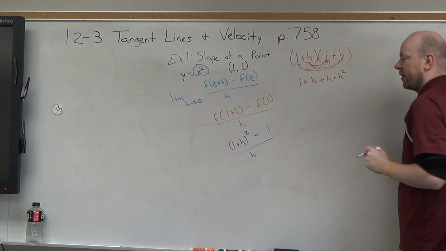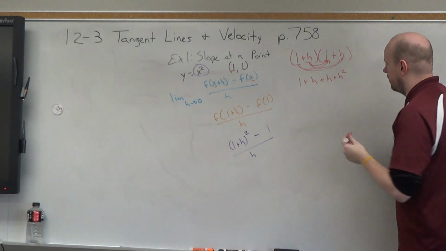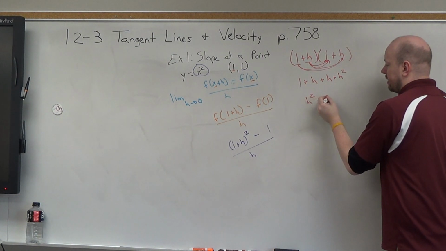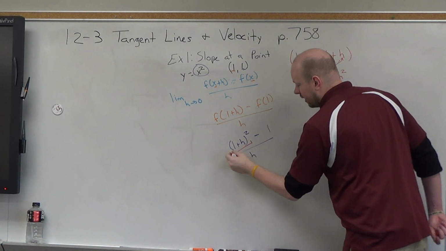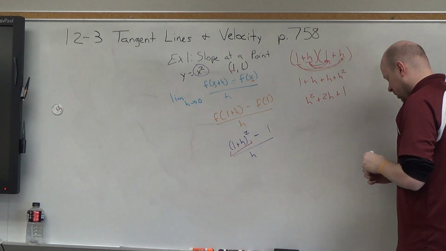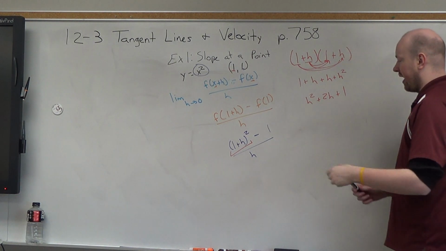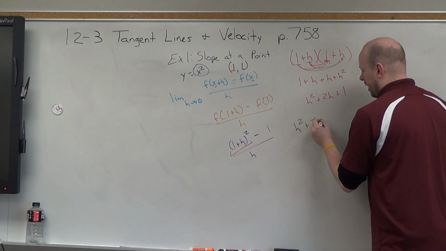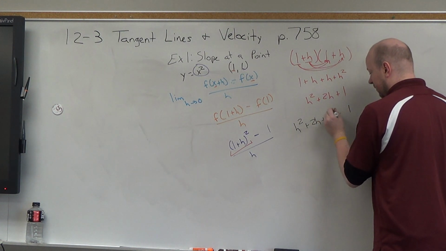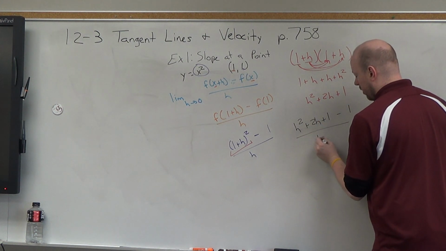And I'm just going to order it and combine like terms. So I get h squared plus 2h plus 1, and that's right here. So just rewriting what I have: h squared plus 2h plus 1 minus 1 all over h.